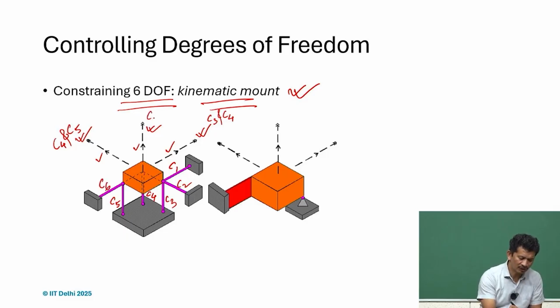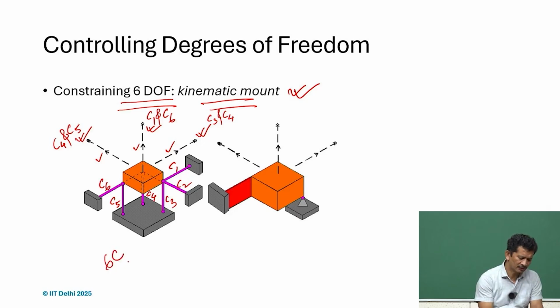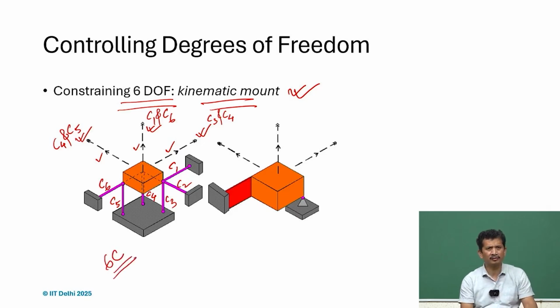So, C1 and C6 actually provide that rotational constraint. In a way, all of the constraints are used once, and that way we get all 6 constraints and can design a kinematic mount. Again we can use the constraint line approach, placing the constraint lines along C1, C2 till C6, and we can achieve that.